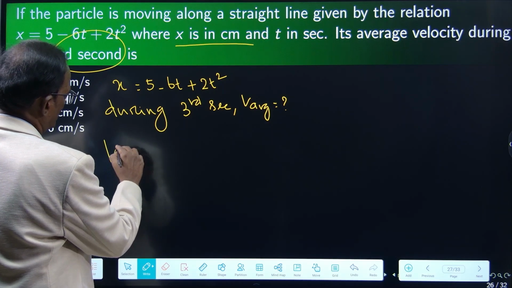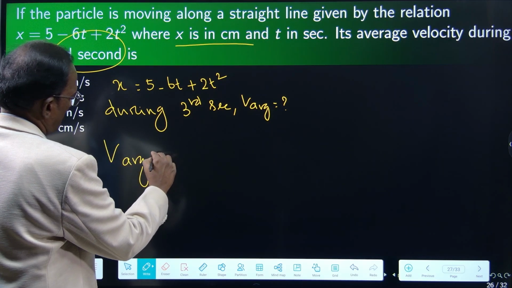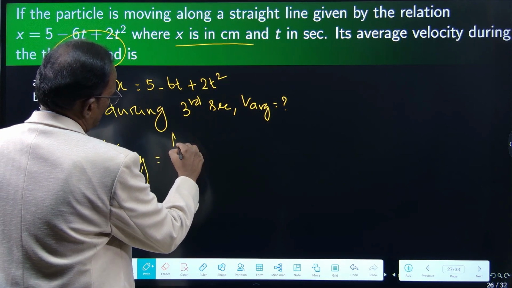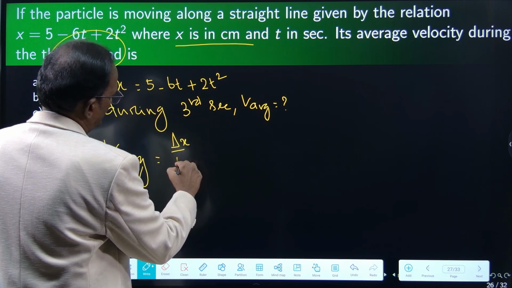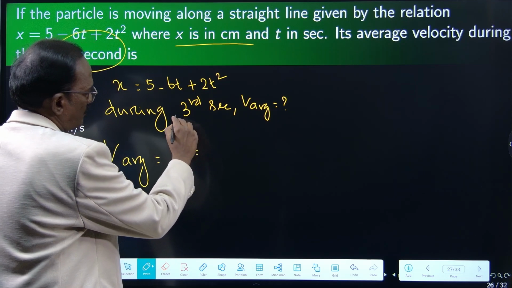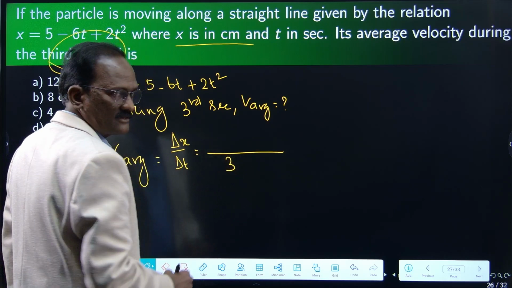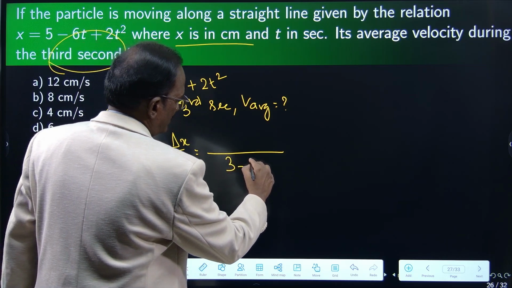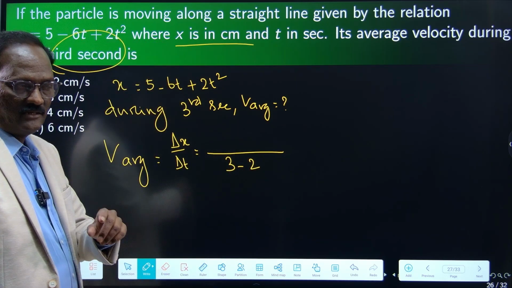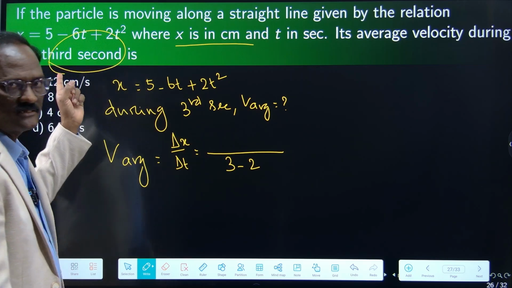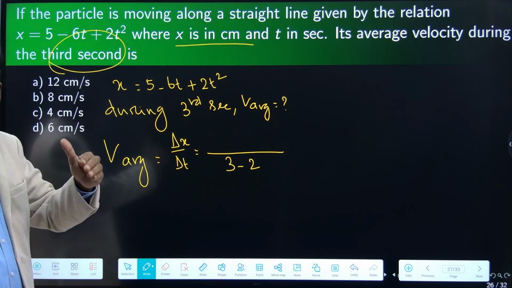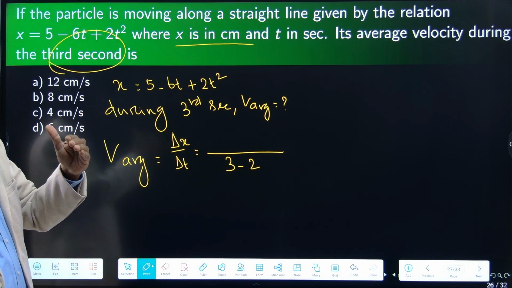So average velocity is equal to delta x by delta t. What is the time? Final time is third second. So initial time means second, right? If the word third is there, second will also be there, first will also be there.